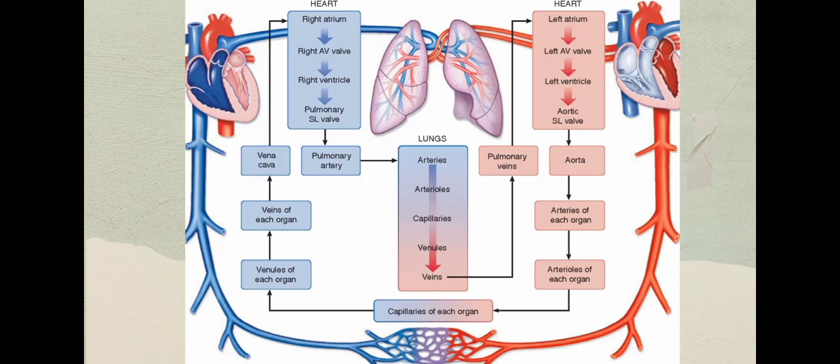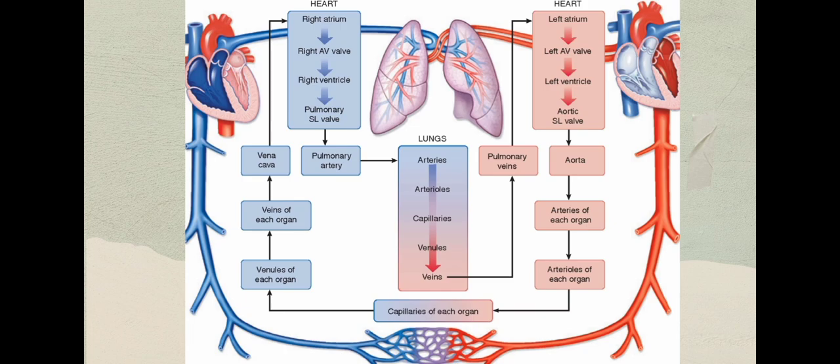Right atrium, right ventricle, pulmonary artery, from there to pulmonary veins, from pulmonary veins left atrium, left ventricle, aorta, arterioles of each organ, veins of each organ, from vena cava again to the right atrium. So this is the flow chart for the pathway of the blood flow from the heart to the lungs, and from the lungs again to the heart and to the body.